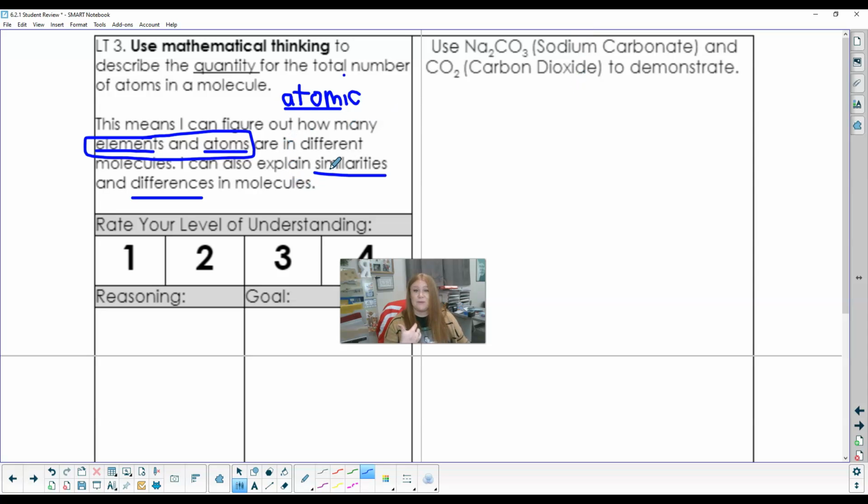And then you're going to explain what is similar and what is different about what they're made up of. How many atoms and how many elements are each of these made up of? What is the same? What is different? When you are ready, go ahead and let's see what a 4, 3, 2, and 1 look like.